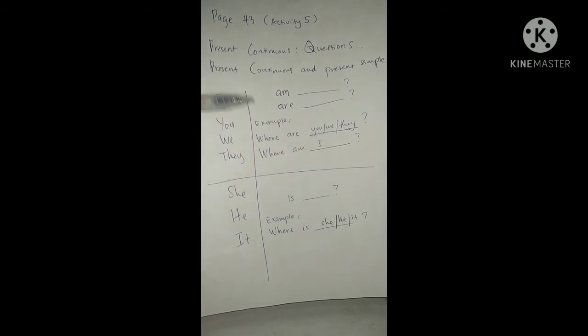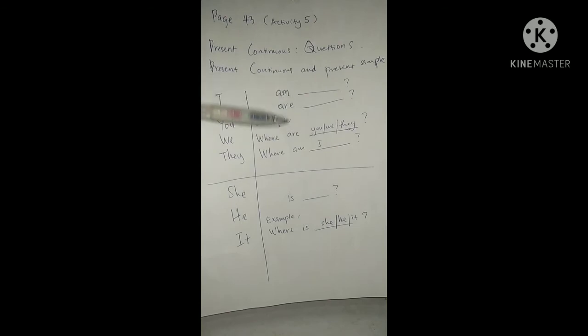And if you don't use a WH question like where, you must put am or are first. The verb to be, you put the verb to be first and then followed by pronoun I, you, we, they. Or if there is no pronoun, you can put a noun, any noun.